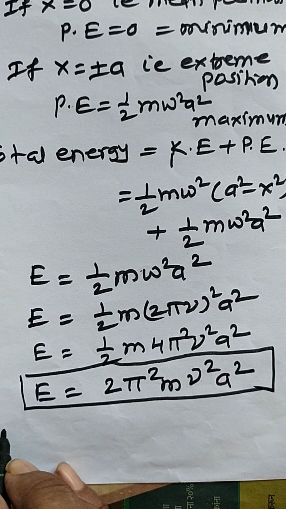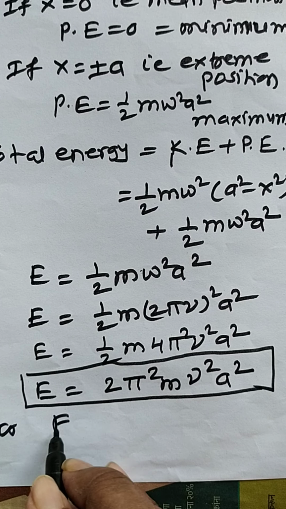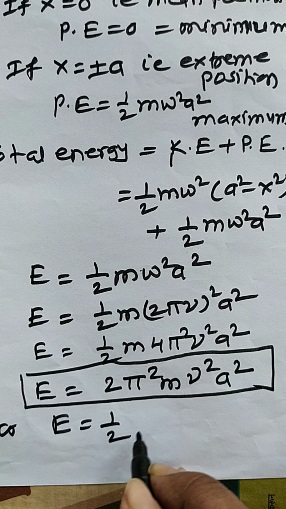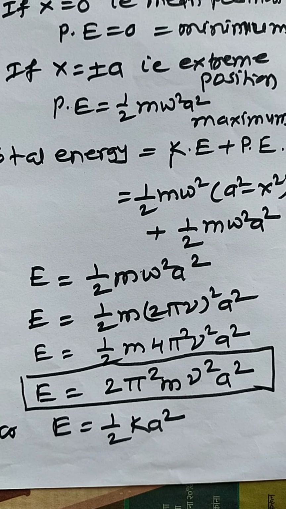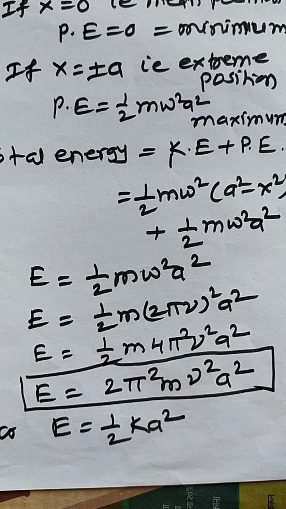It is also written as E is equal to 1/2 ka square.